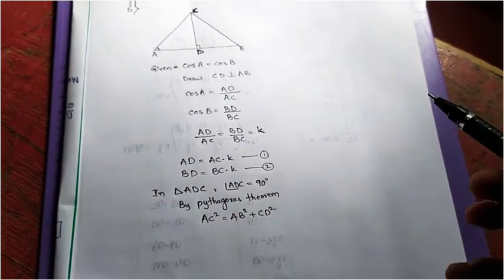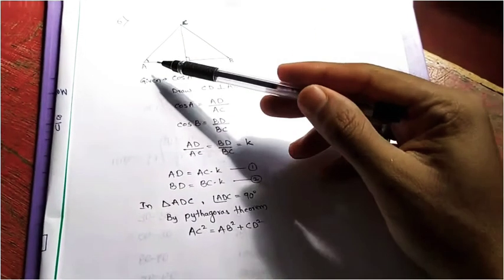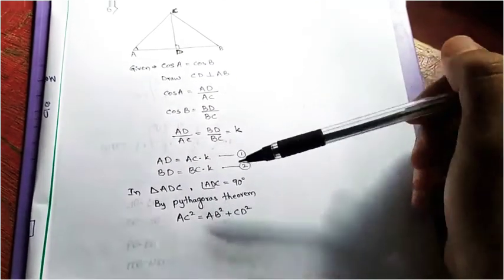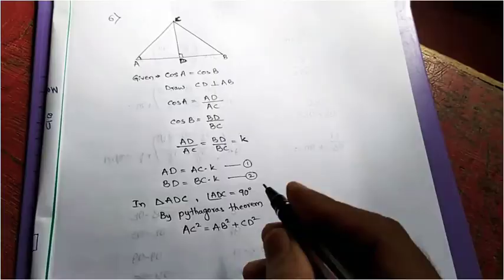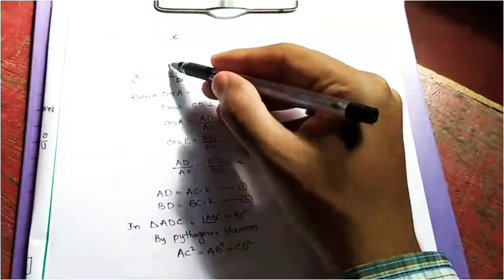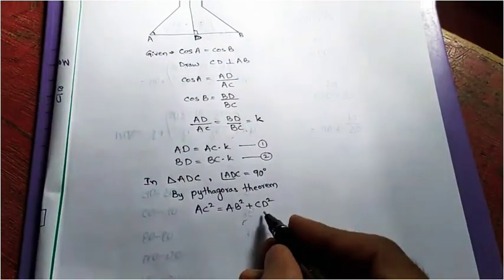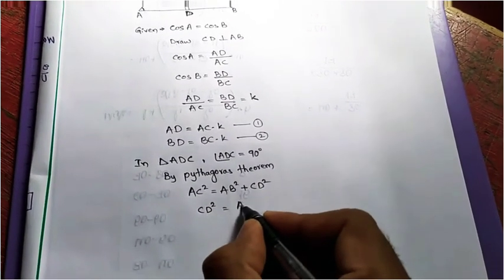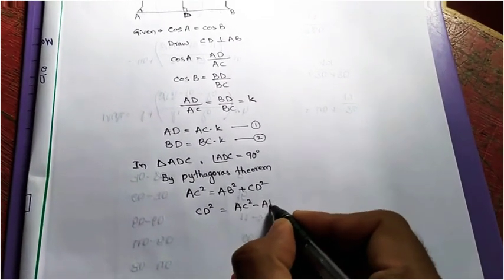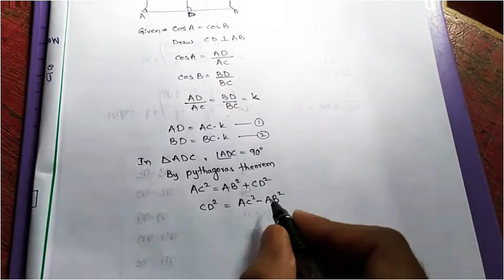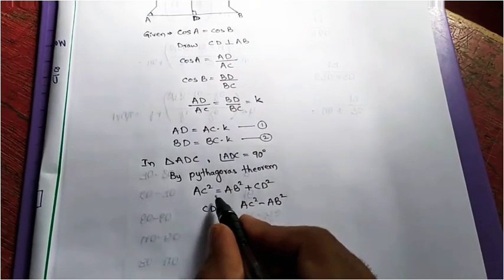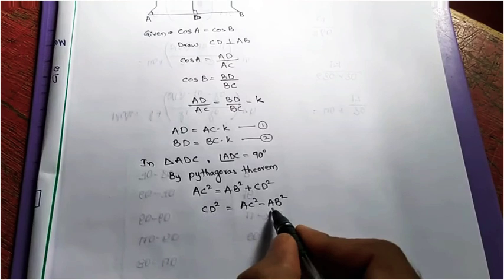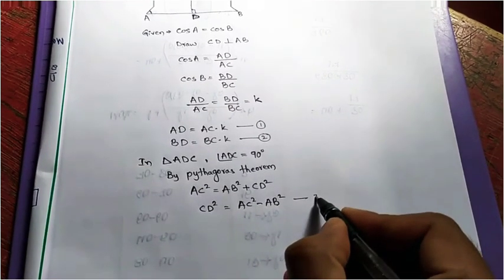Now CD is common on both triangles, so taking AD to the left side, it becomes minus: CD square equal to AC square minus AD square. Let us take this as equation number 3.